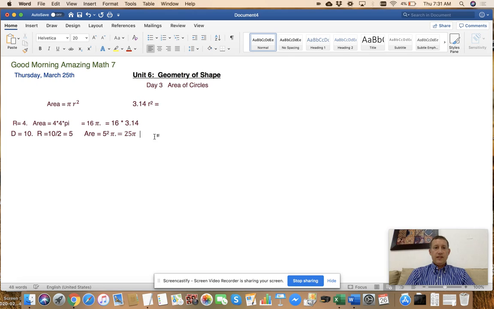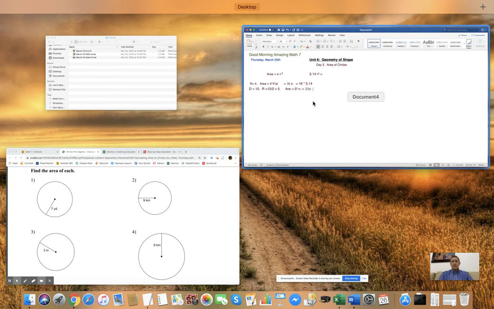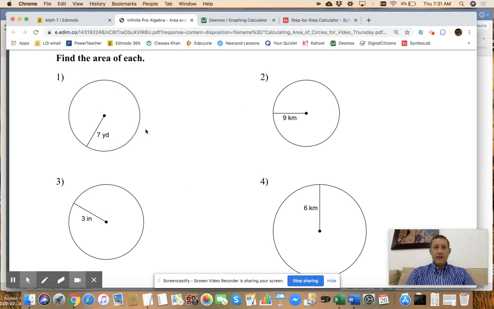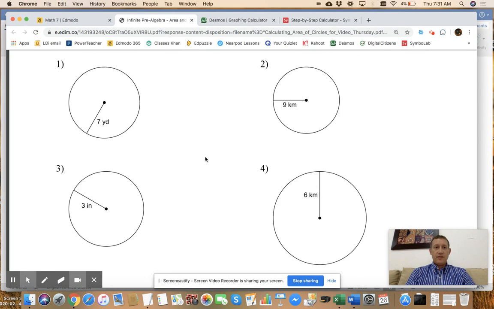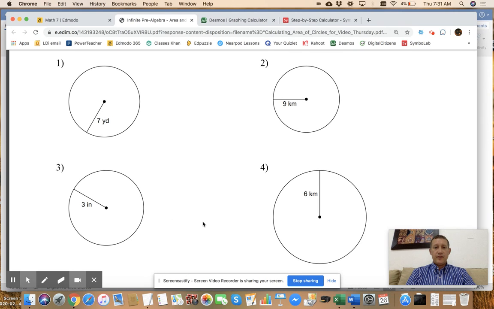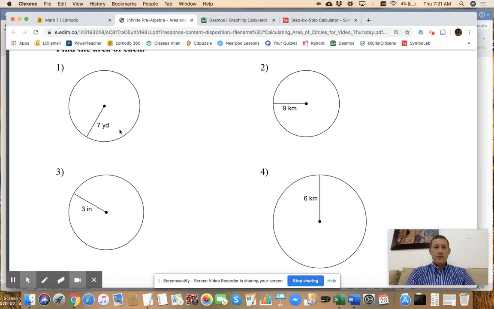Okay? All right, so let me show you some on your practice worksheet here. Okay, so you're going to have some worksheets like this. Some of them where they're given the radius, and some of them where they're given the diameter. So let's do a practice one here. 7.